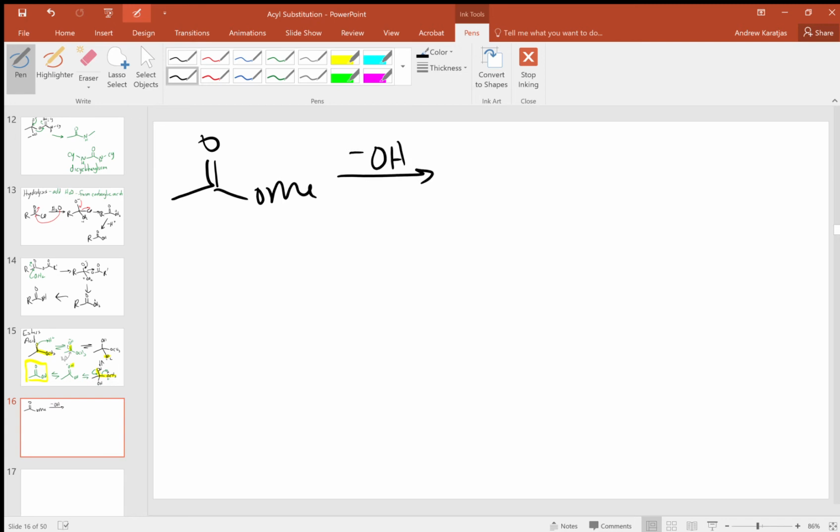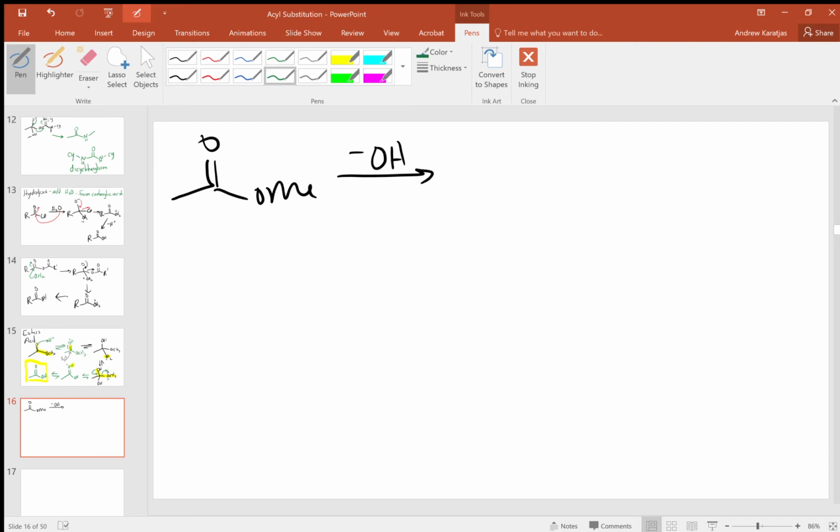Now, with hydroxide, because hydroxide is a stronger nucleophile, in this case, we don't need to activate the carbonyl. Remember, we've said in a number of cases that that's our option. We either get a better nucleophile, or we activate the electrophile.